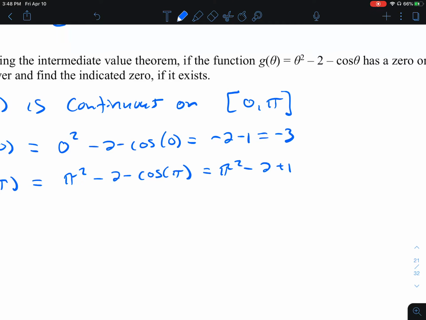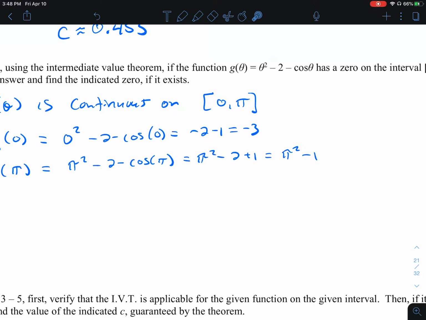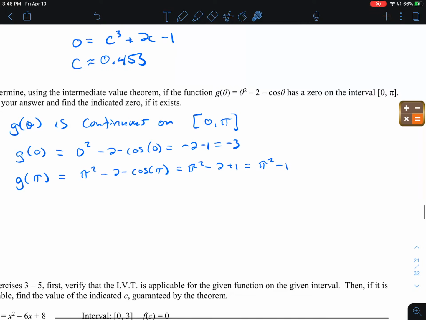So let's see here. This is going to be pi squared minus 1. Since we can, before we continue, clearly this is negative, this is going to be positive. And we want to know if a 0 exists. That's when y is 0.